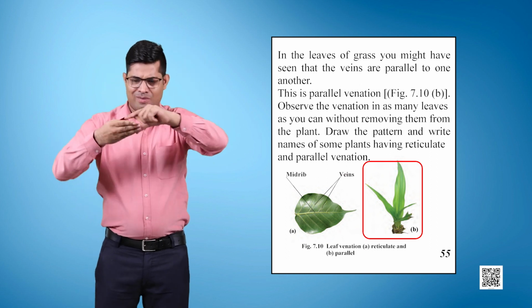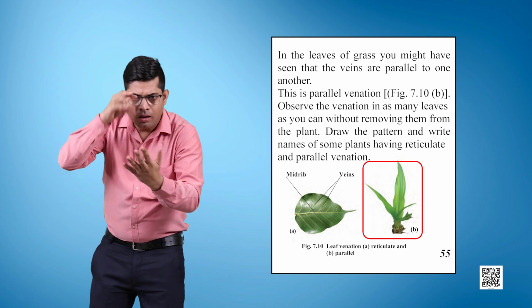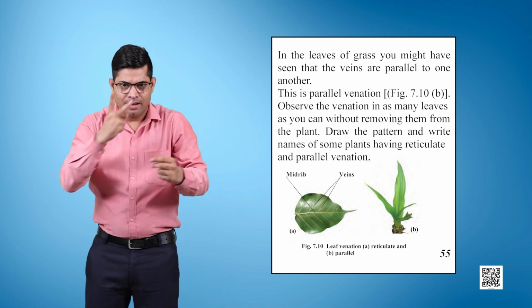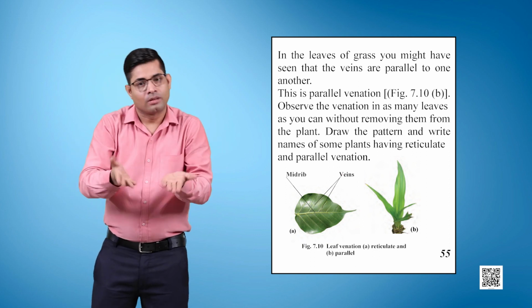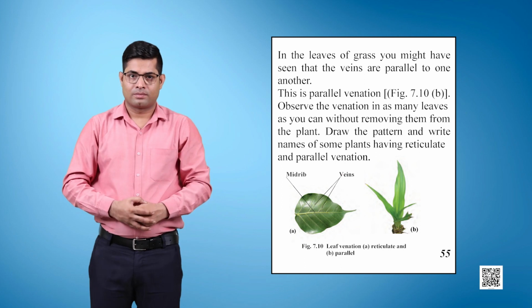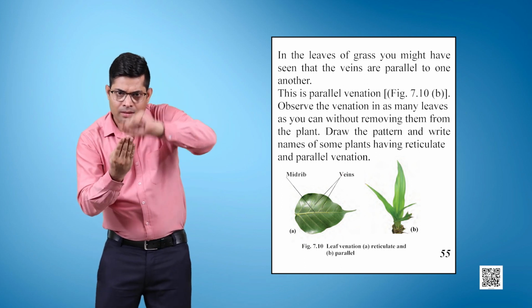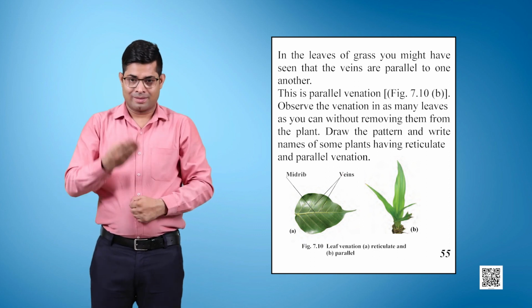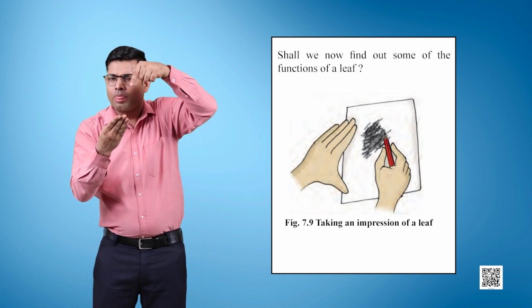Observe the venation in as many leaves as you can without removing them from the plant. Draw the pattern and write names of some plants having reticulate and parallel venation. Shall we now find out some of the functions of a leaf?